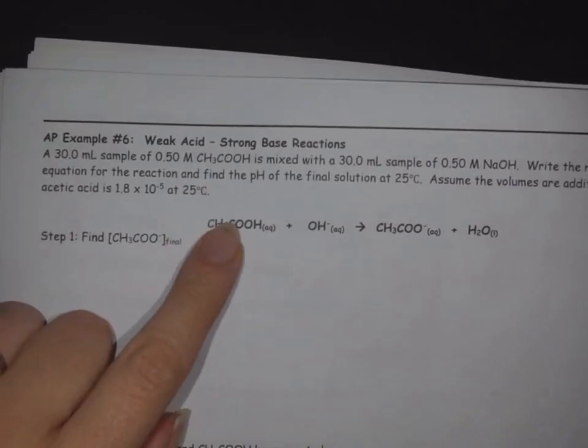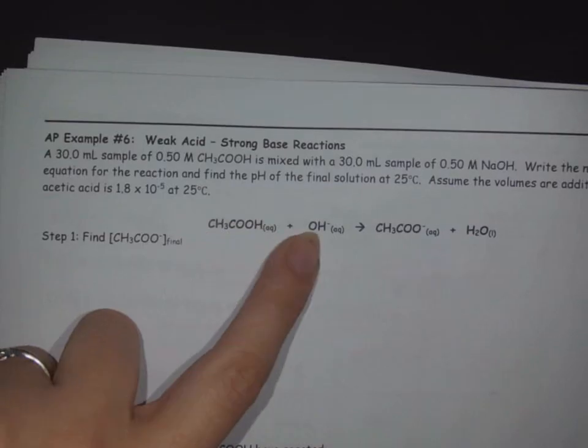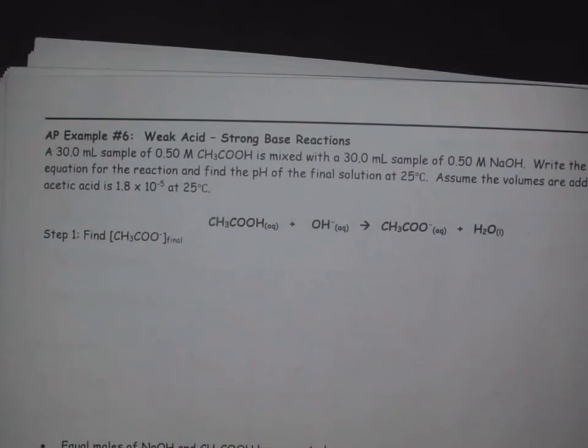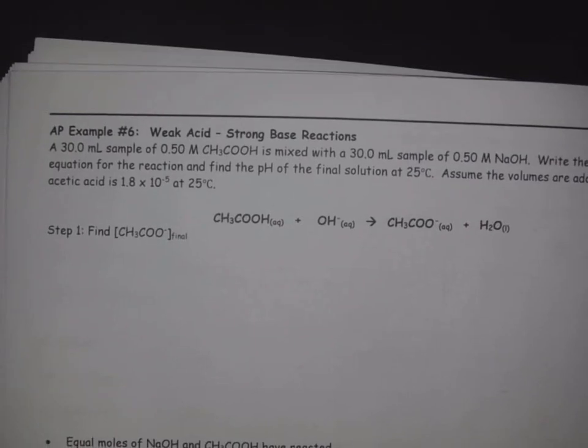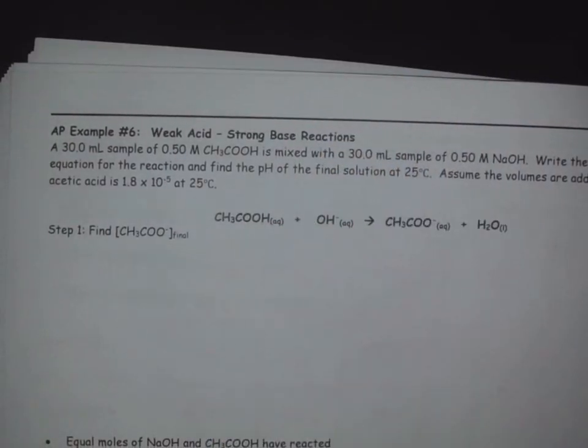We've talked about what the equations look like when it's a weak acid and a strong base. Right away, you can probably already tell that there's not going to be a limiting because we have equal moles of both of these things. Okay, that's wonderful. I need to get a number from my BCCA table though, so we're still going to write this out. We're going to take a number with us.